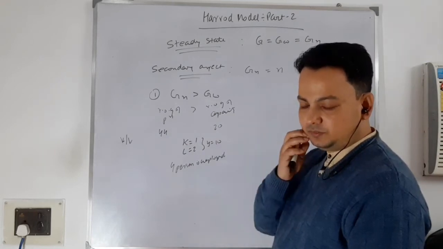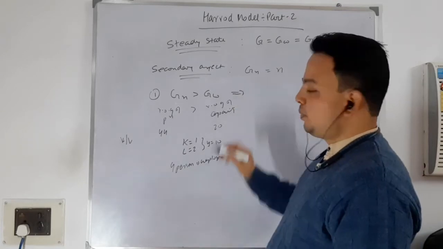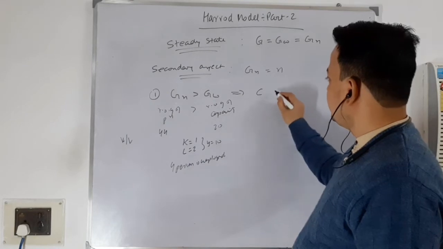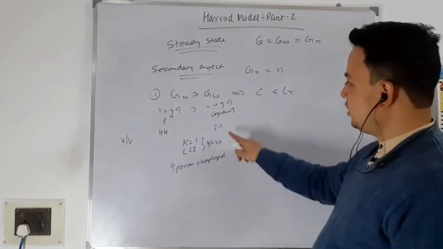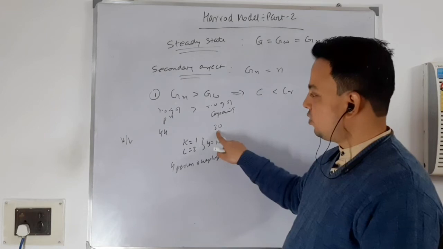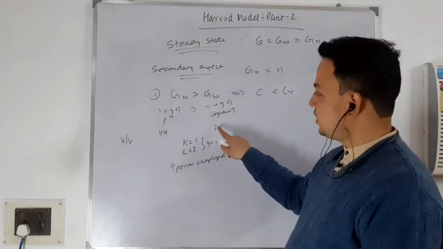This part is clear. So some people are unemployed. That means in the economy, actual capital in stock is less than required capital in stock. How much is the required capital in stock? 22. Right? If I have 22 capital in stock, then 44 labor will be employed. But actual capital in stock is 20.